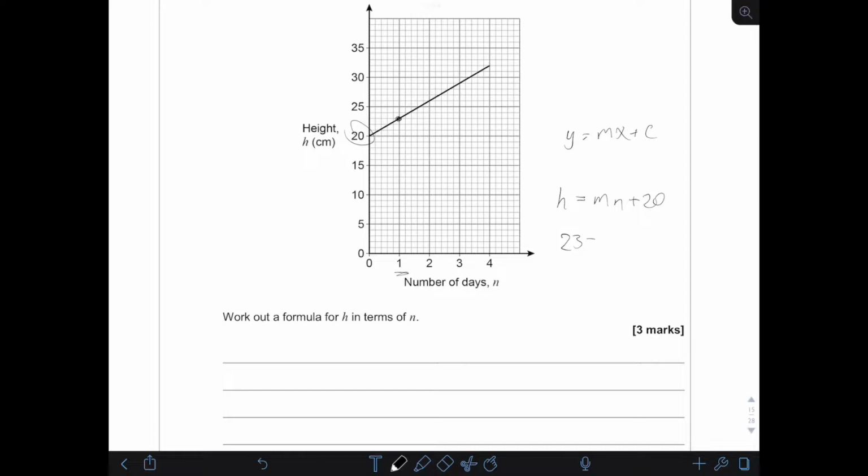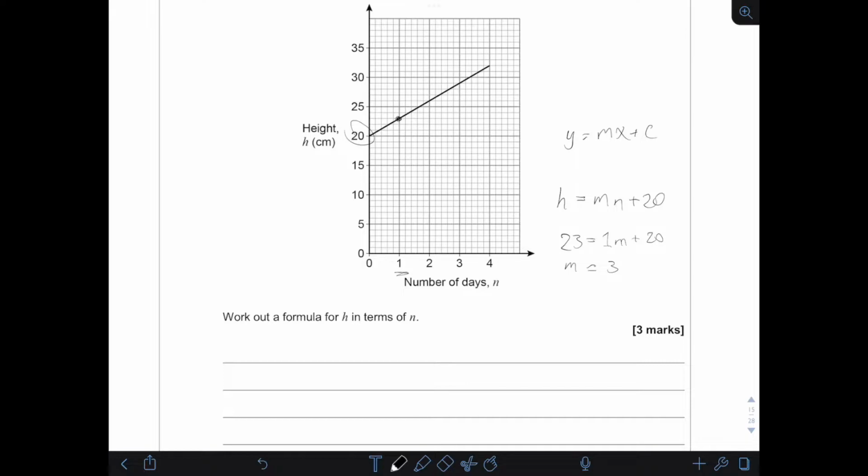So 23 is equals to 1 lot of m plus 20, which means that at n equals to 1, m equals 3. I guess that's all you need really.